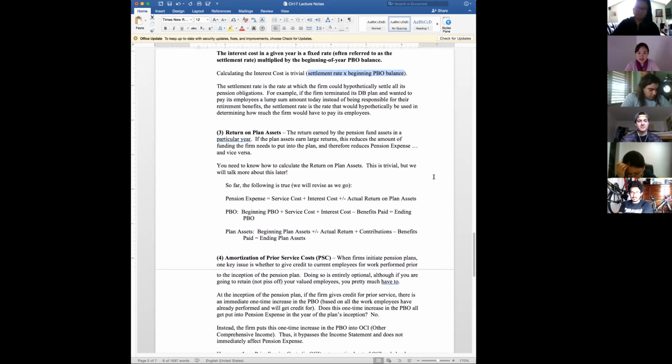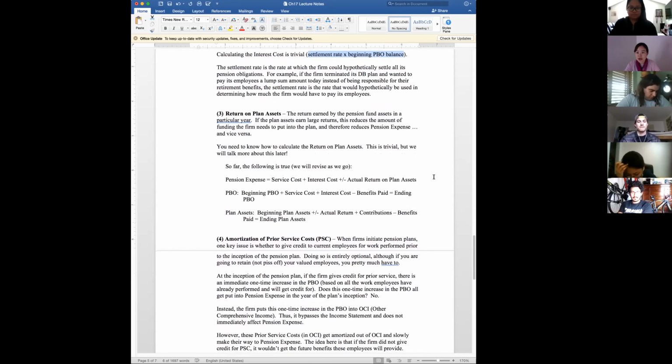Return on plan asset is basically, if you have an investment account, then with the rate of return, your investment grows. Same thing here. So the company saves money or puts the check into the plan asset, and over time they want this investment fund to grow. If they have positive return on the plan asset, then their portion of payment can go down.